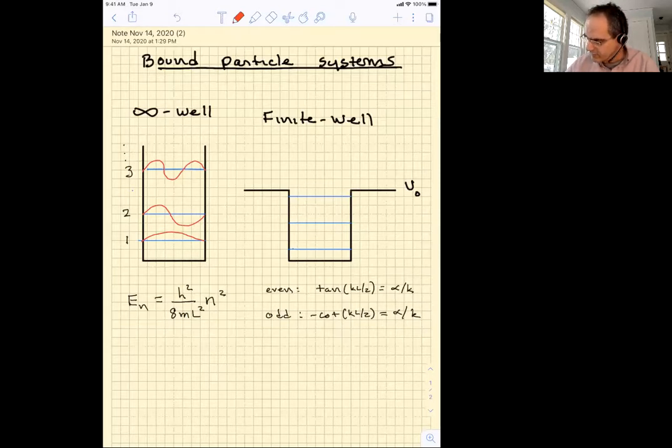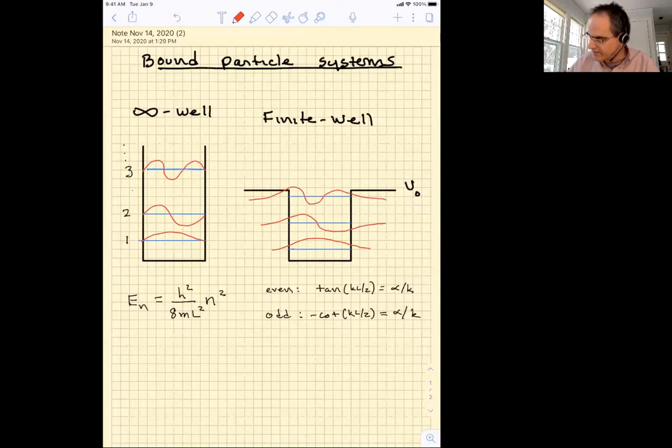For the finite well, the wave functions look somewhat similar, but the wave function actually penetrates into the barrier, which I've tried to draw there.